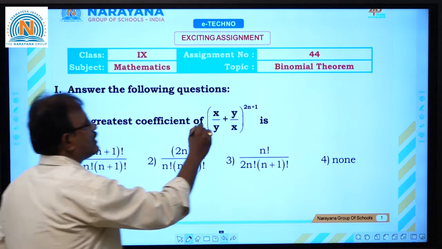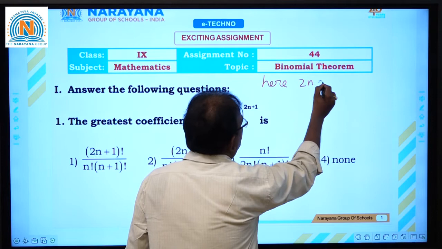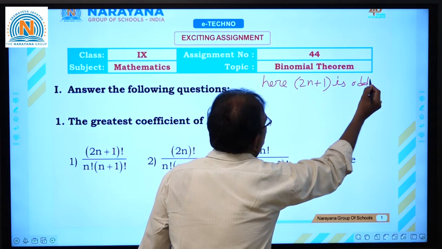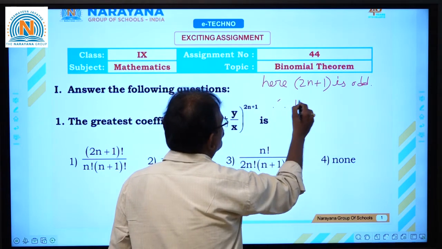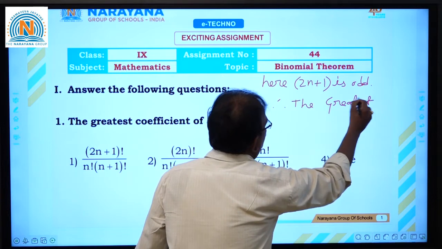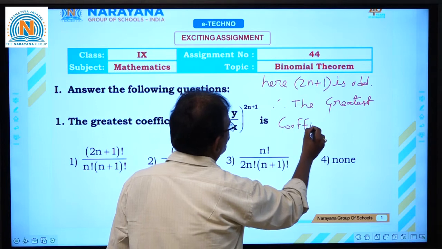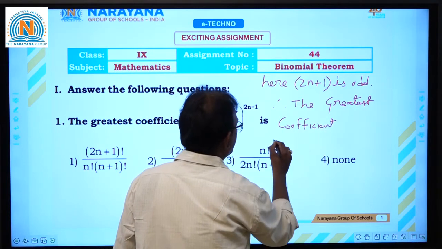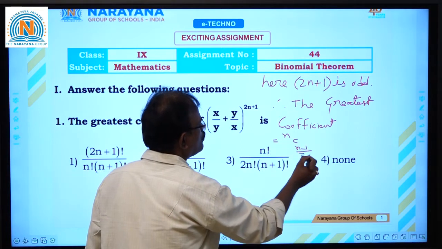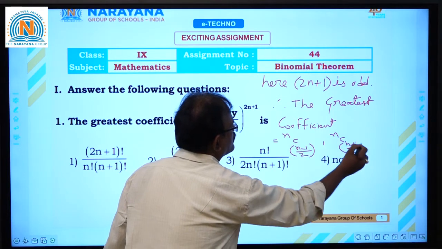Therefore the greatest coefficients are nC((n-1)/2) and nC((n+1)/2).